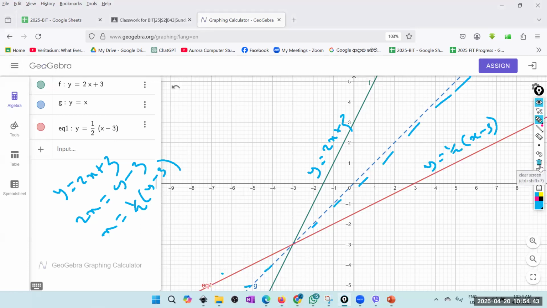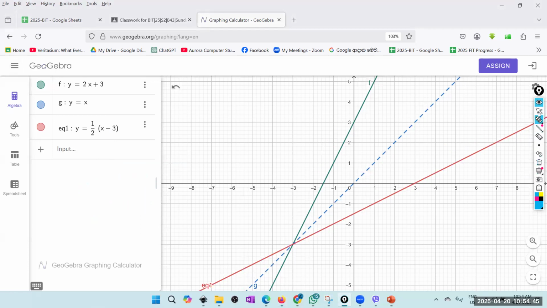So inverse functions. Can someone tell me a famous relation and its inverse relation? Not like a straight line or something. You must be able to give me the name also. What is the name of the relation and what is the name of the inverse relation? Anyone?